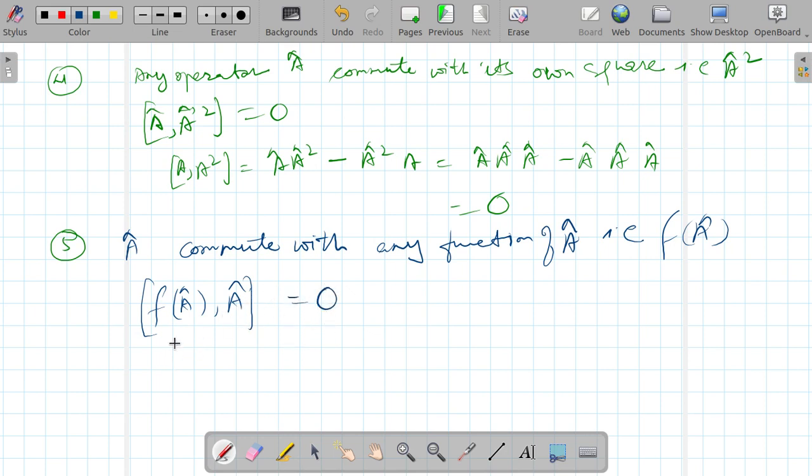That's the meaning of it, and let us try to understand it by taking an example.